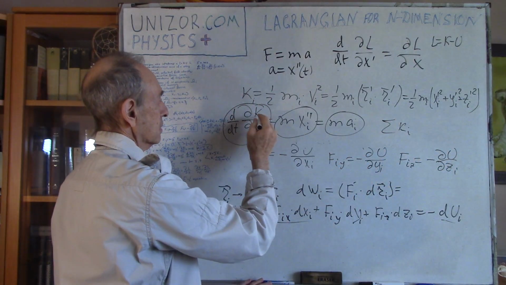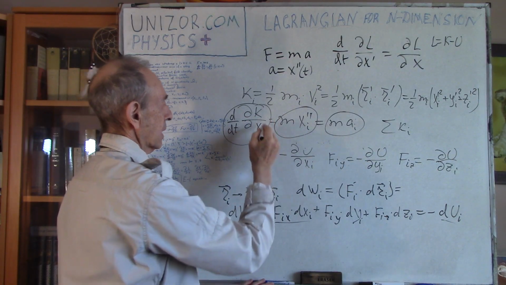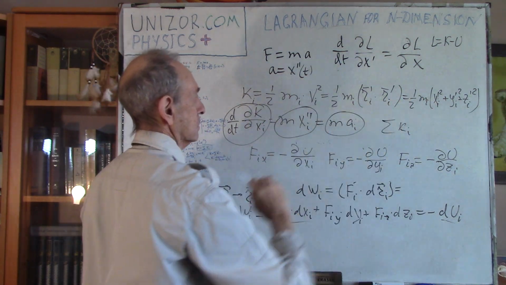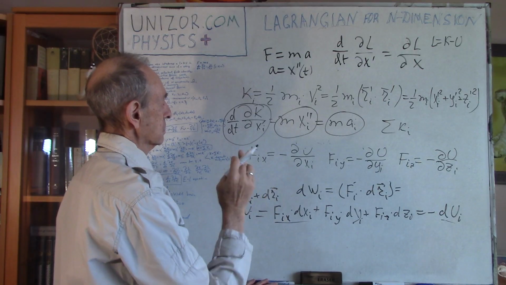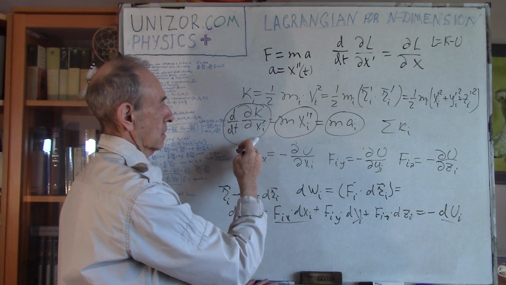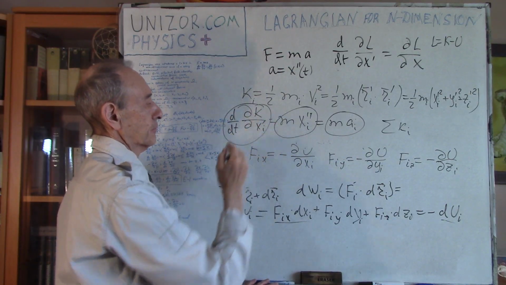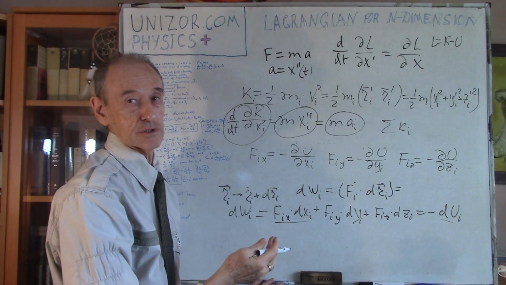So the derivation of K_i by x_i' is, okay, prime. Yeah, I'm deriving by prime. So derivation by x_i' is exactly the same whether you differentiate the kinetic energy of that particular object or the total kinetic energy.